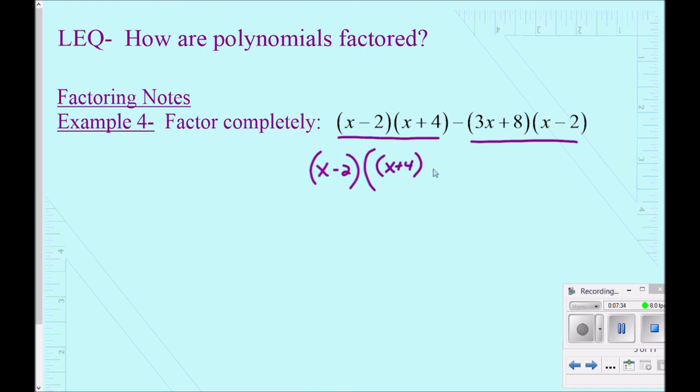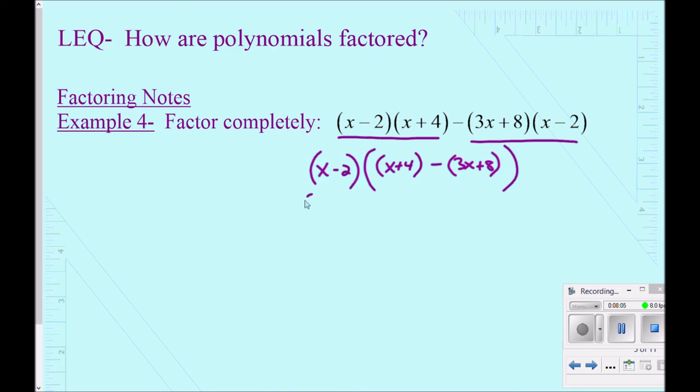Then there's a minus sign. Now I'm done with this first piece, so I'm looking at the second underlined piece. x minus 2 was factored out, which leaves me with, in parentheses, 3x plus 8. And then I end the parentheses. If you double check, x minus 2 times x plus 4 gives the first underlined piece, and x minus 2 times 3x plus 8 gives the second underlined piece, with a minus sign in between.